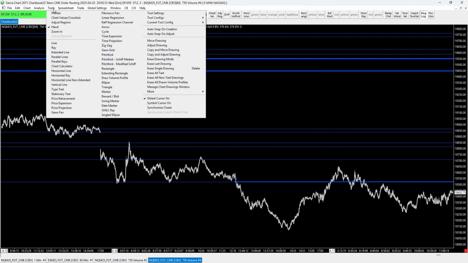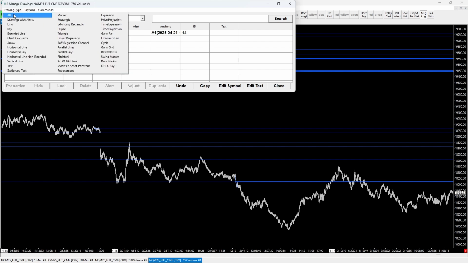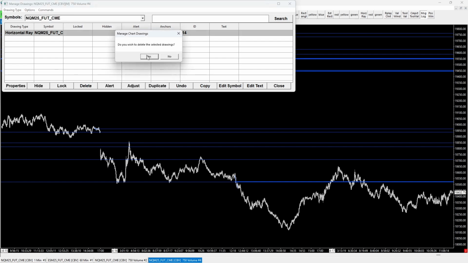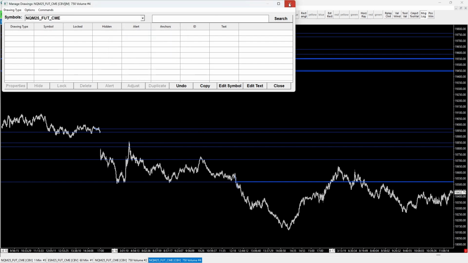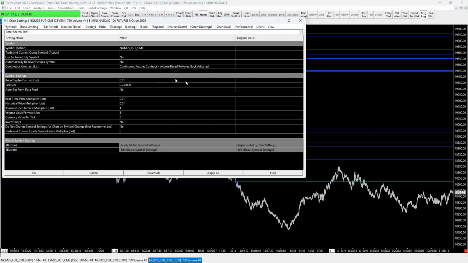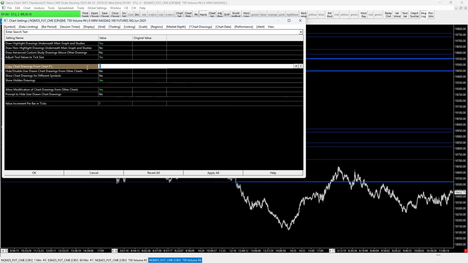Let me manage the chart drawings. I copied it over. Option select all, delete. Is it overlaying from the chart from two? Yes. That's not a problem.